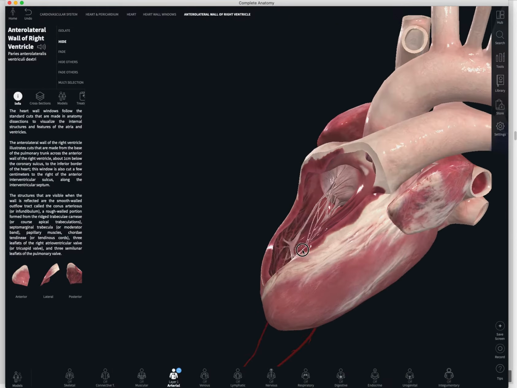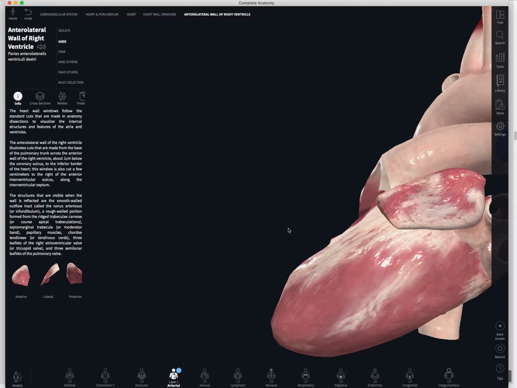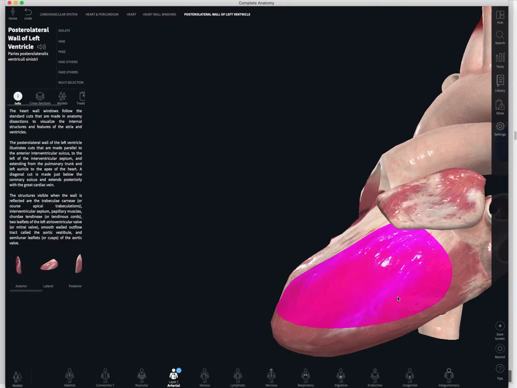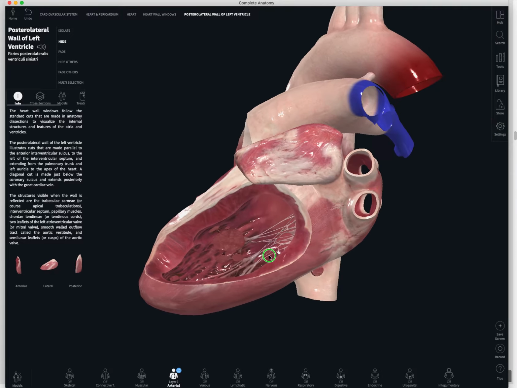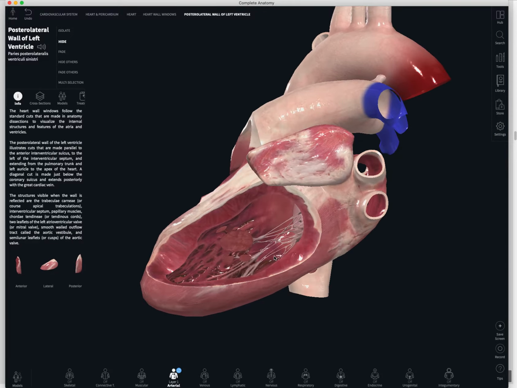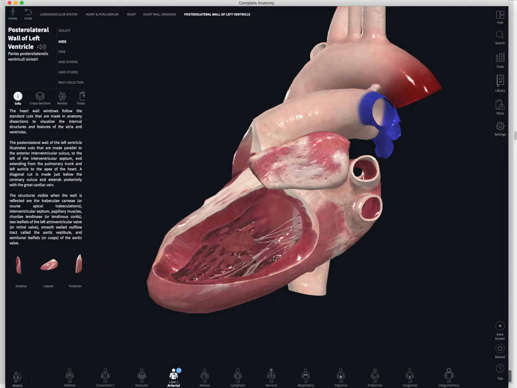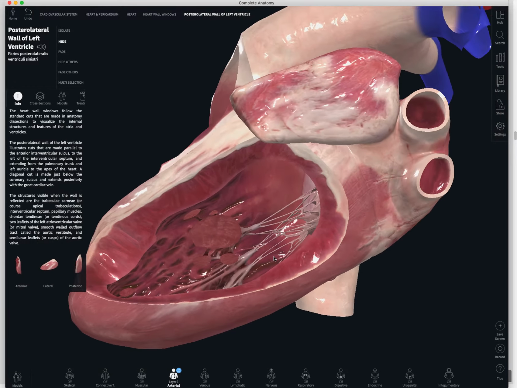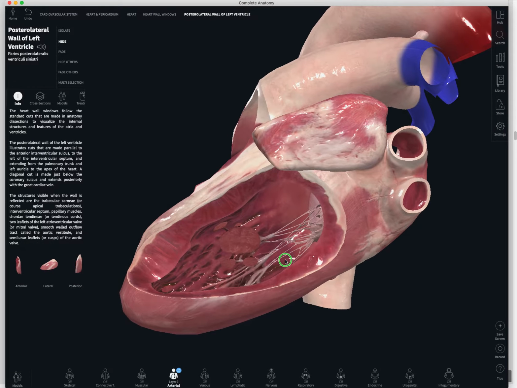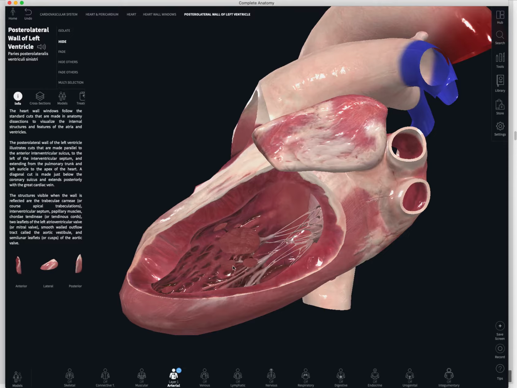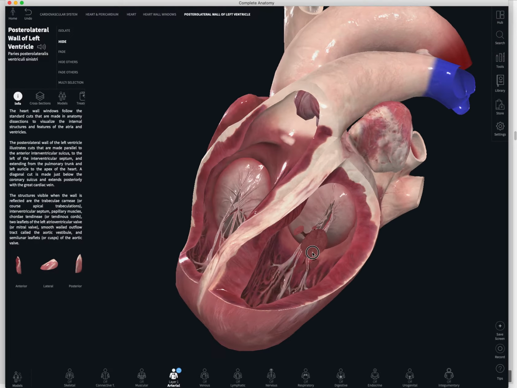Moving to the left and posteriorly, we have the left ventricle. As we remove the wall, we'll see. So this is the left lateral view of your heart. You look in, you'll see many of the same features as in the right ventricle. We've got the trabeculae carneae, the papillary muscles, and extending from the papillary muscles, the chordae tendineae connected to the atrioventricular valve.